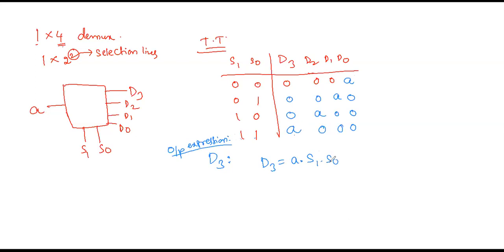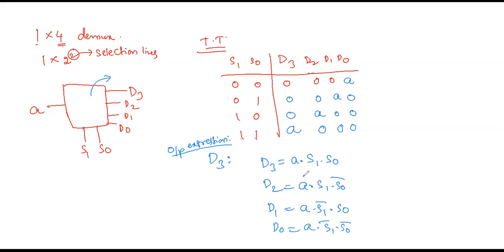Similarly, D2 is equal to A into S1 S0 bar, when S1 is 1, S0 is 0. D1 is equal to A when S1 is 0 and S0 is 1. D0 is A when S1 and S0 both are zeros. Now from the expressions, you can draw the internal circuit.